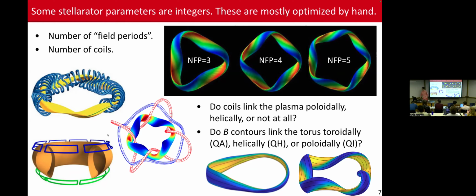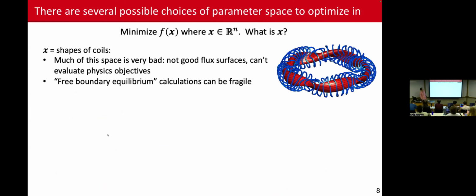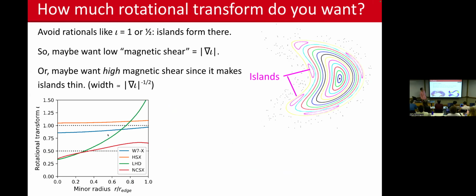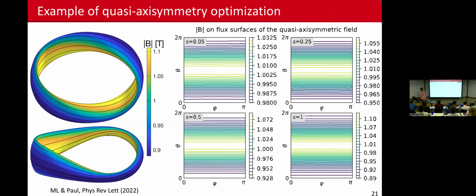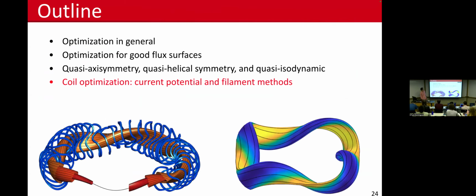Can you optimize the currents using regular coil optimization methods? Can we optimize the coil currents when we use the winding surface? Yeah, that is the target of the optimization. I told you we're going to choose this current potential.